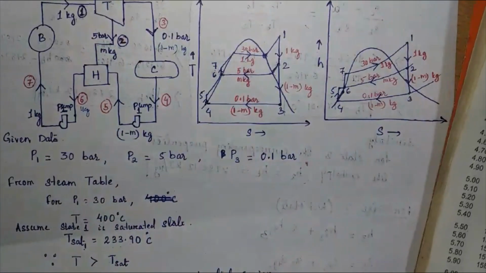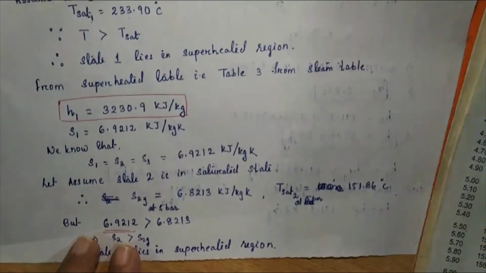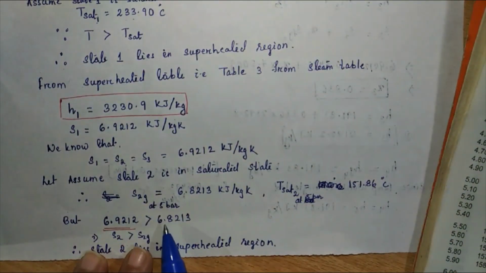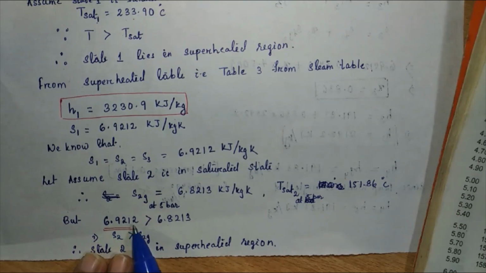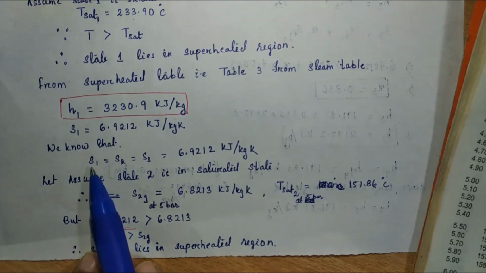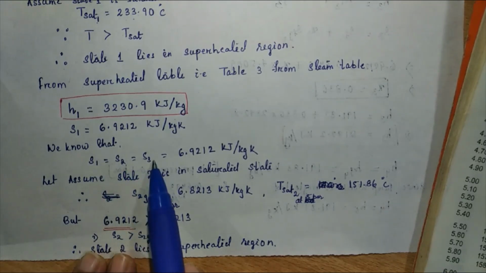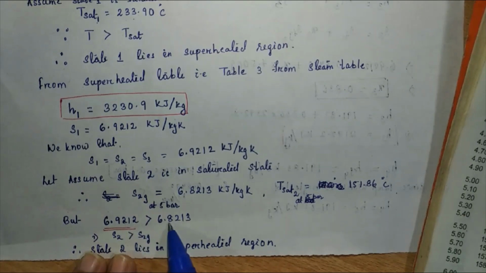So see, here I have written this 6.8213, but this value is less than 6.9212. So this value we already get from S1, that is S1 is equal to S2 equal to S3. So if this is the saturated state, this value must be equal to this value. But this value is the value of the entropy at the saturated state.